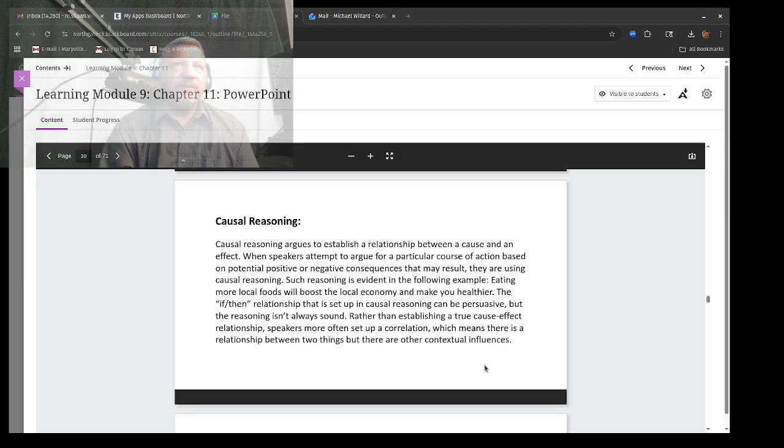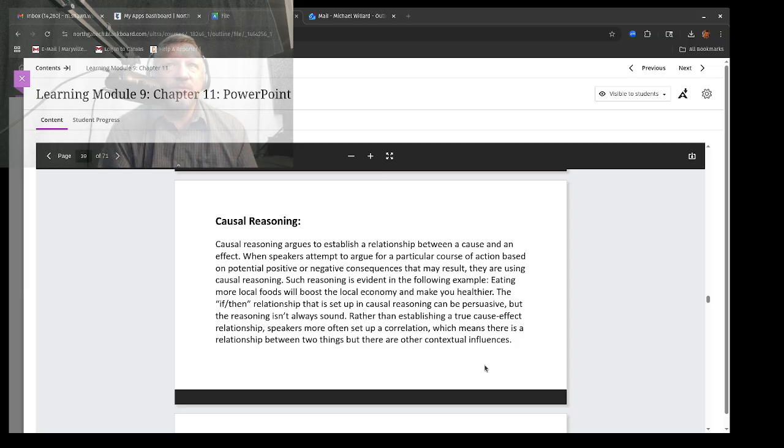When we think about causal reasoning, it's cause and effect. We're looking at this creates that. So eating more local foods will boost the local economy, and it will make you healthier. Maybe. It's possible, right? But is it true? Is that a true cause and effect? Not really, right?